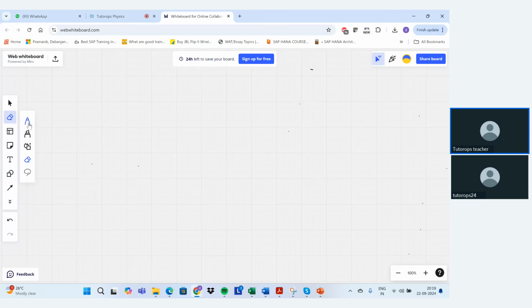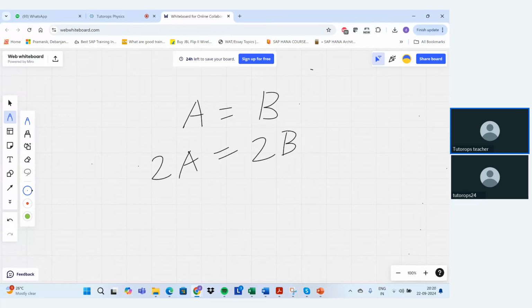For example, in scalar, how do we do it? If A is equal to B, how do we write? 2A is equal to 2B. This is a scalar thing I'm telling. In the same way you can write here also. For example, this is my vector quantity, so 2A is equal to 2B.